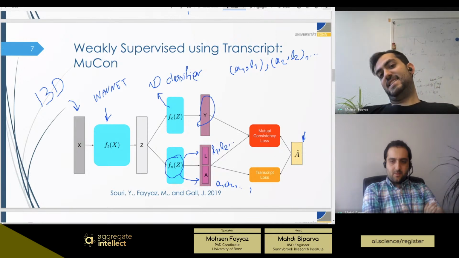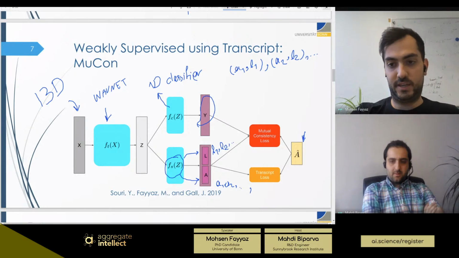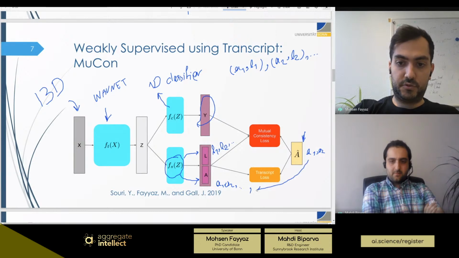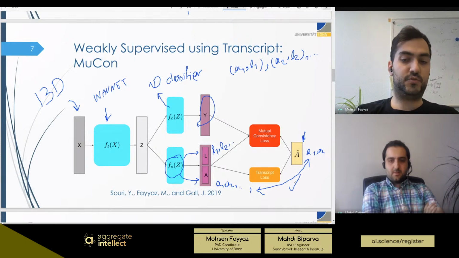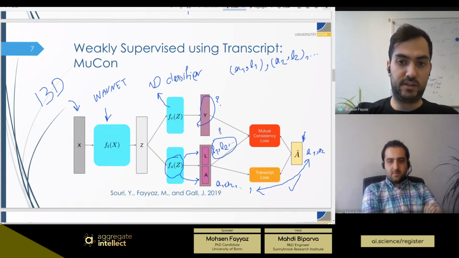But what is our supervision? The only supervision we have here is A hat, which we said is the sequence of the actions. So for this prediction, we have the supervision, and there is no problem for training. However, for this one and this one, we don't have any supervision.